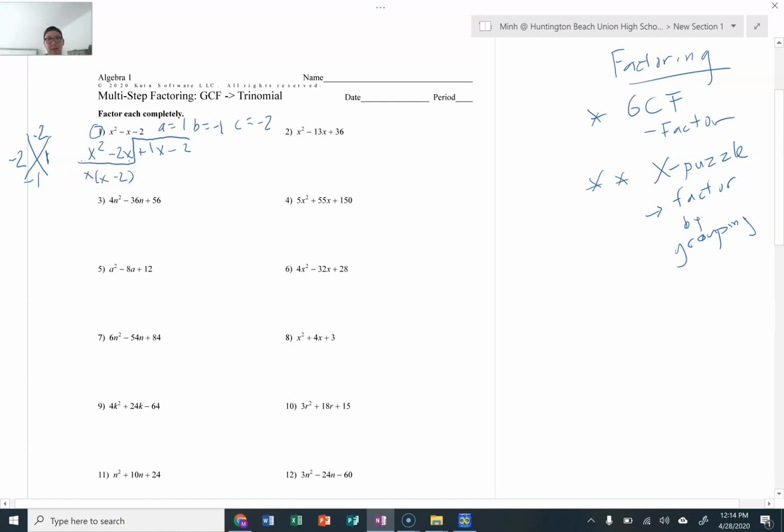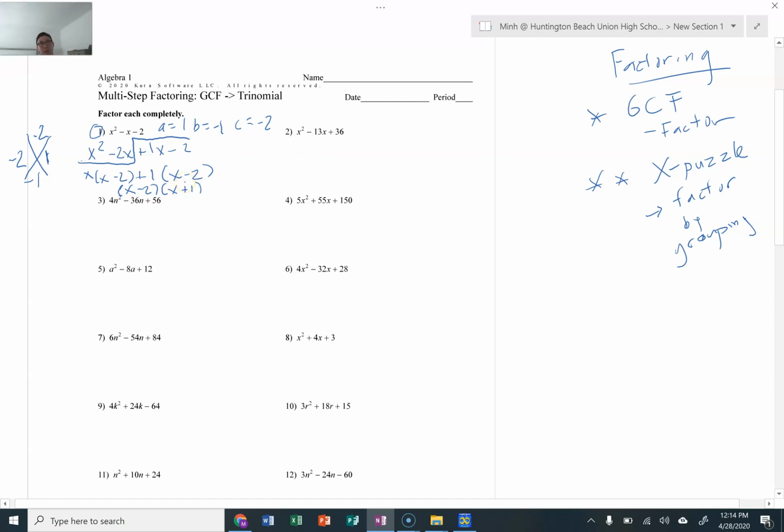The GCF for the second one, since it leads with a positive and it can't be divided by anything, is 1, so that would be x minus 2. It looks good because the two parentheses are exactly the same, so I know I'm doing something right. My final answer for this one is x minus 2 times x plus 1.